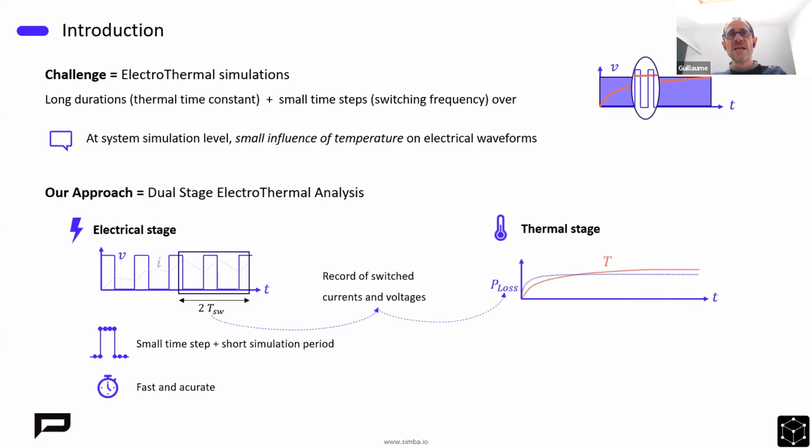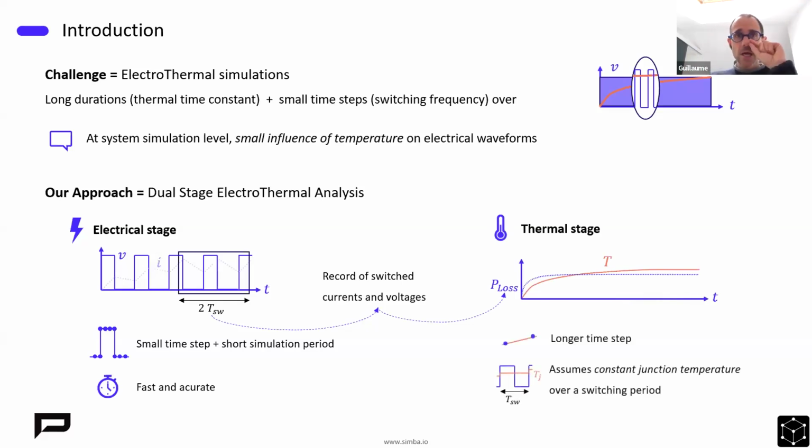which is the thermal stage. For this second simulation, we use longer time steps, which makes it possible to get a very, very fast simulation. Please note that here we assume that the junction temperature is constant over a switching period.